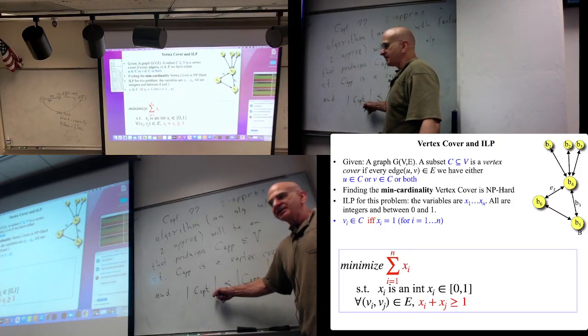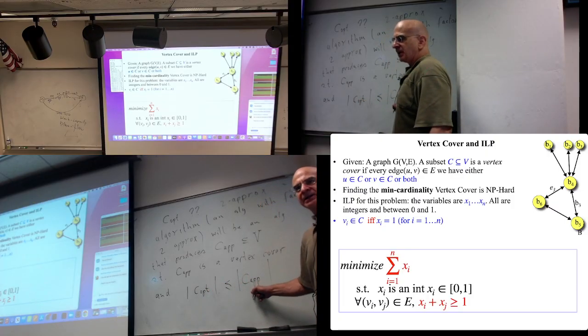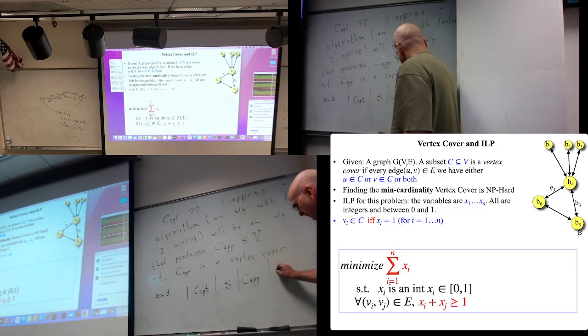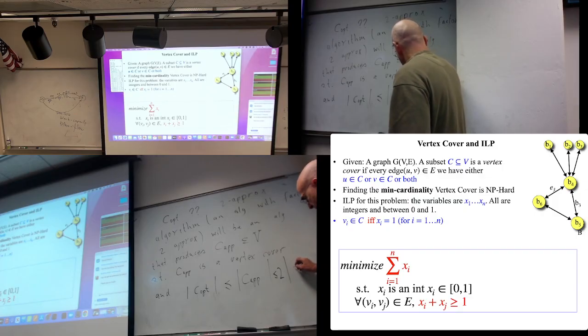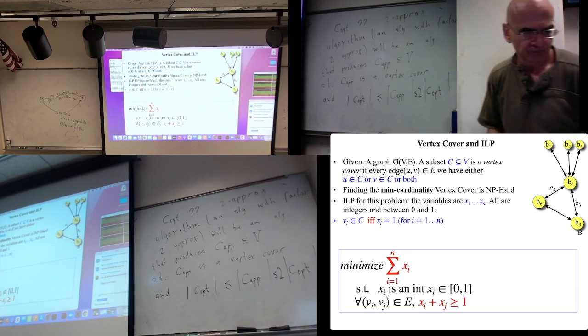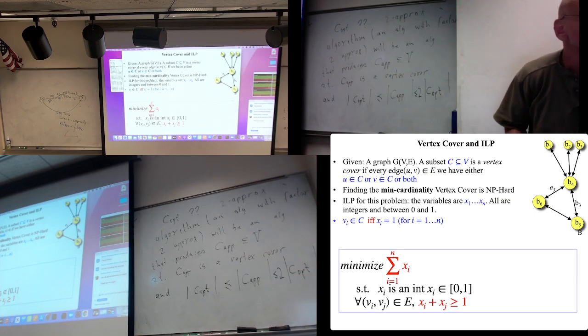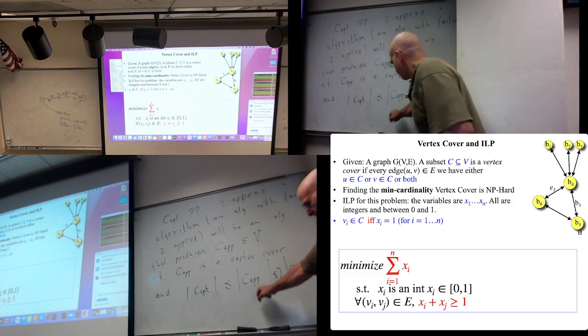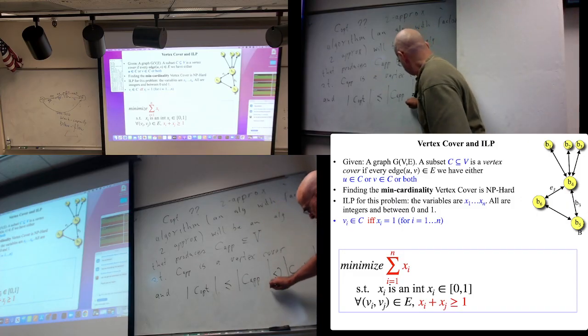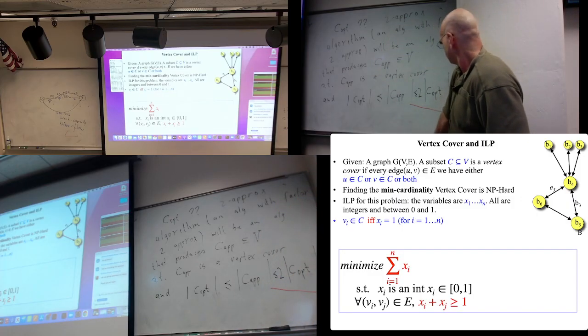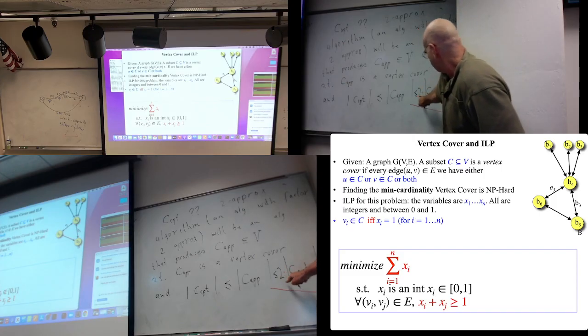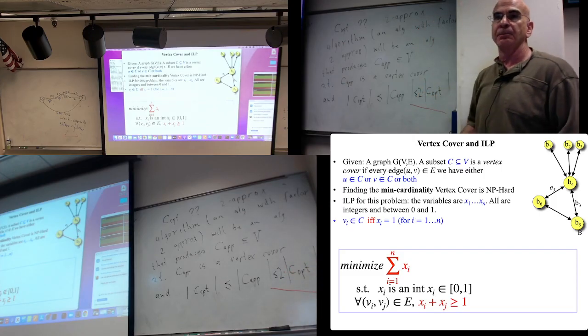The optimum is the smallest set, so the cardinality of C approx will not be smaller than this one, but the important requirement is that it's at most 2 times C opt. Okay, that's the important part. It's at most 2 times the cardinality of C opt.